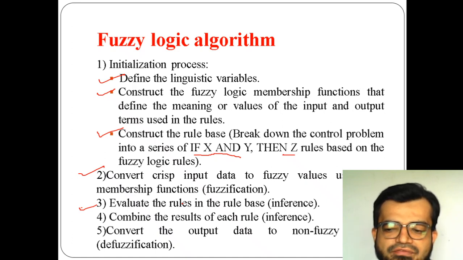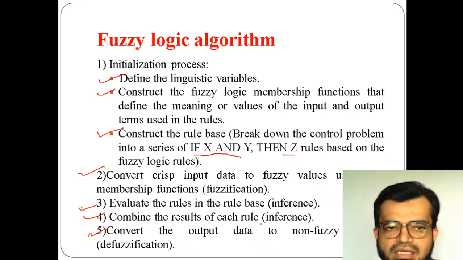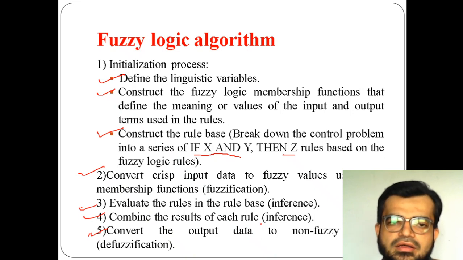All of these are actions, and we need to combine them. So we combine the results of each rule, and the output data I get I need to convert into non-fuzzy, crisp values by a process called defuzzification. This is how it works in an algorithm.